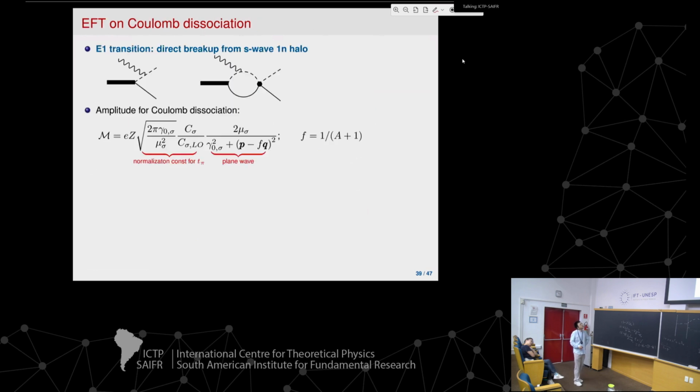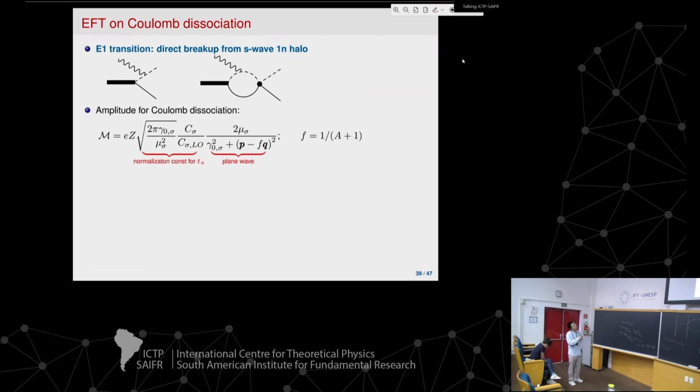So we can use effective field theory to describe this low momentum part of the Coulomb dissociation. The dominant part is the electric dipole transition. For S waves, if you don't include any P wave interactions, it is written in these two diagrams.